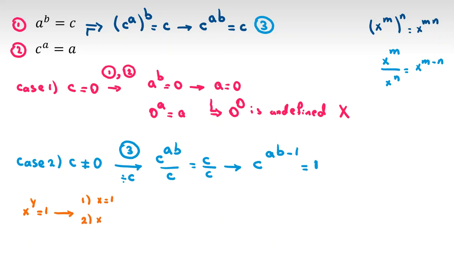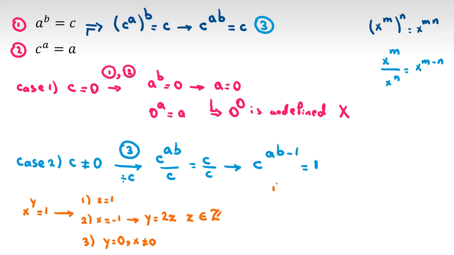Second case, x equal to negative 1, but y should be even, so y equal to 2z, where z is an integer. Third, y equal to 0, the power is 0, and the base shouldn't be 0. So when something to the power of something is 1, we should analyze these three cases.